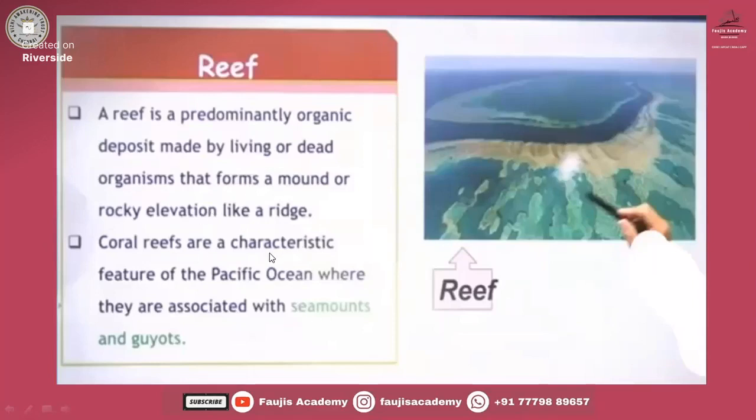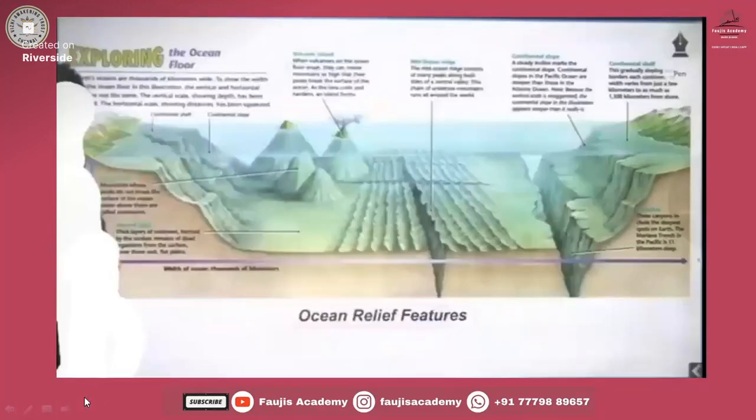So the coral reefs are a characteristic feature of the Pacific Ocean where they are associated with the sea mounds and guyots. So in this diagram, see here we have the continental shelf, then here we have the break, then here we have the continental slope. Then again here we have the deposition, so here we have the continental rise. Then here we have the trenches, and these are the parts of mid-oceanic ridges.